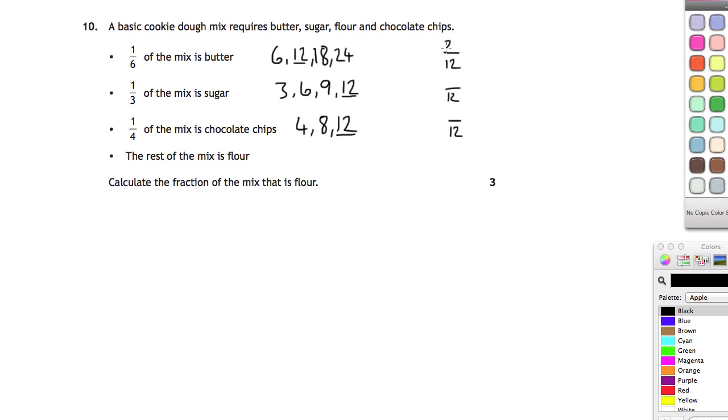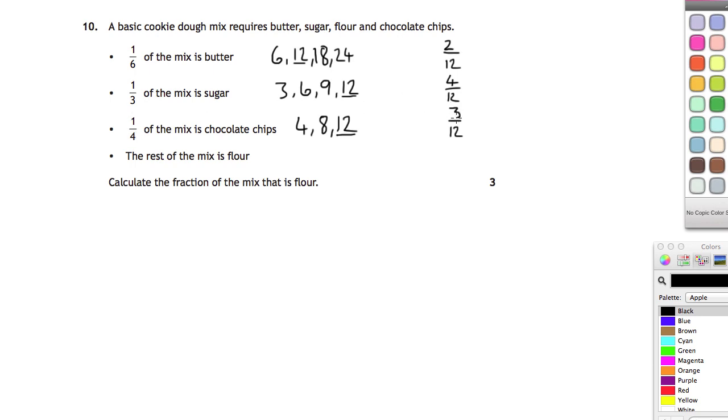So 2 over 12 is the same as a sixth. To get the 3 to a 12 times the bottom by 4, so what we do to the bottom we have to do to the top, so we times the top by 4, and that is 4 twelfths. And to get a quarter into 12, to go from 4 to 12, times that by 3. If you times the bottom by 3, we need to times the top by 3.